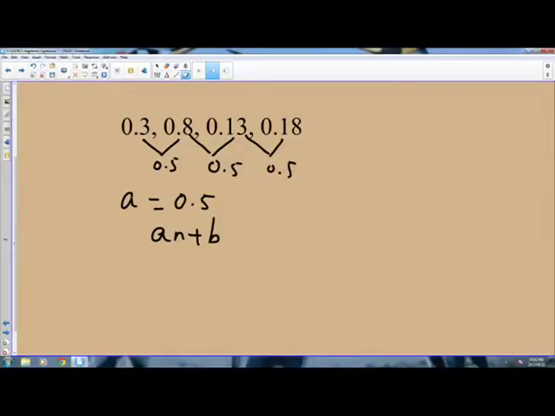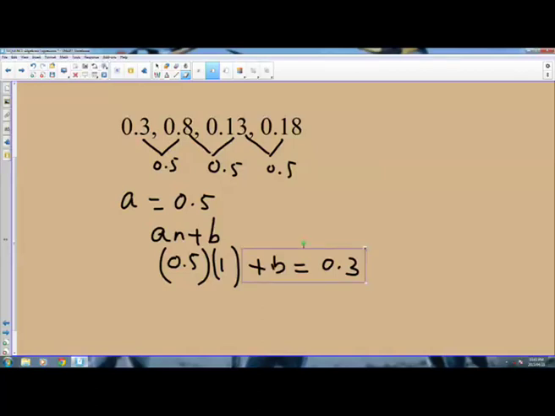We substitute in here 0.5 times the term at position number 1. This simply means 0.5 times 1, because we are using the term at position number 1, plus B, is equal to 0.3.